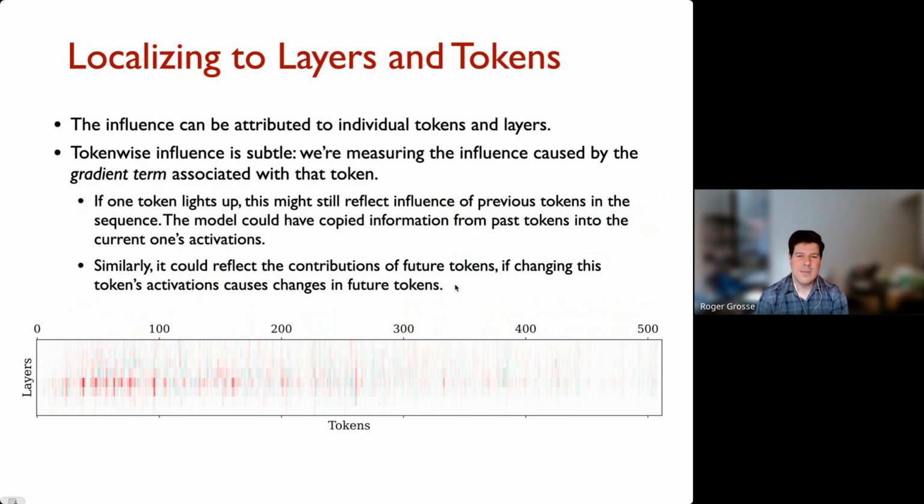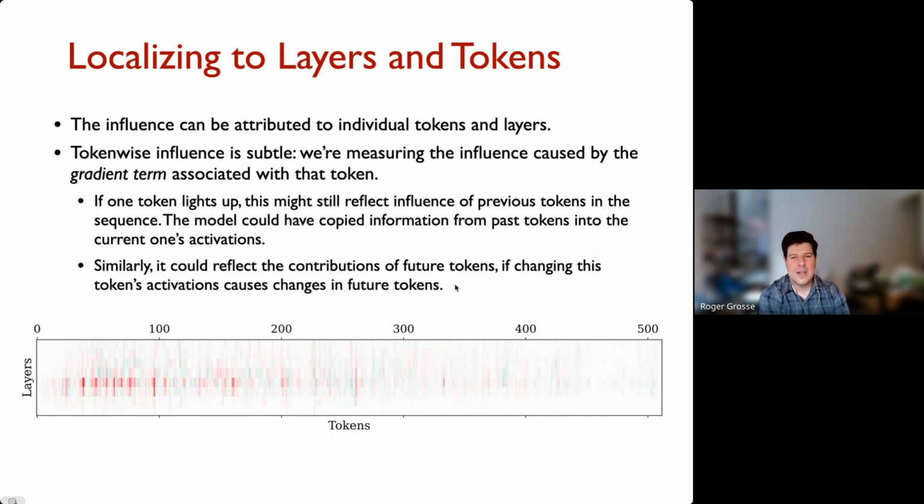Each of those gradient matrices is a sum of terms associated with each of the tokens in the sequence. So the gradient is essentially a sum of rank 1 terms associated with each token. That means we can break down the influence as a sum of terms corresponding to individual tokens and individual layers.